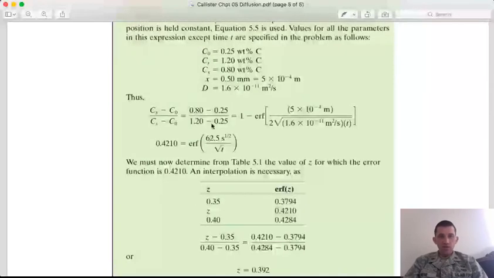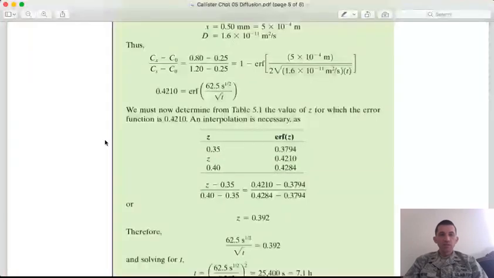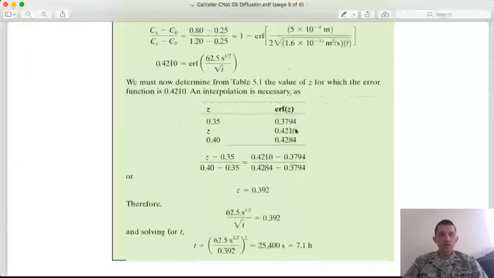So we plug in our concentrations, and we calculate a value that corresponds to this error function. And here's where that table comes into account. We look in that table for the two values that bracket on either side our value that the error function is equal to.